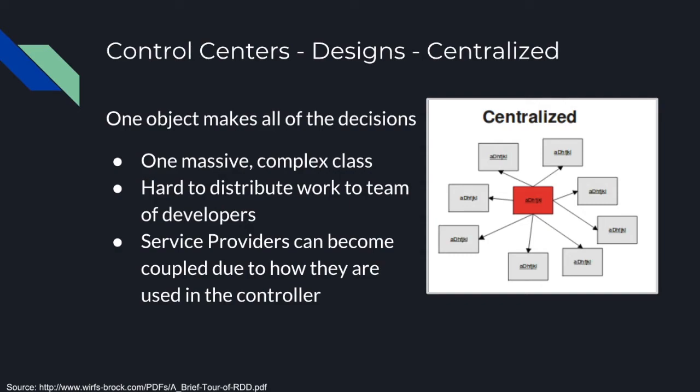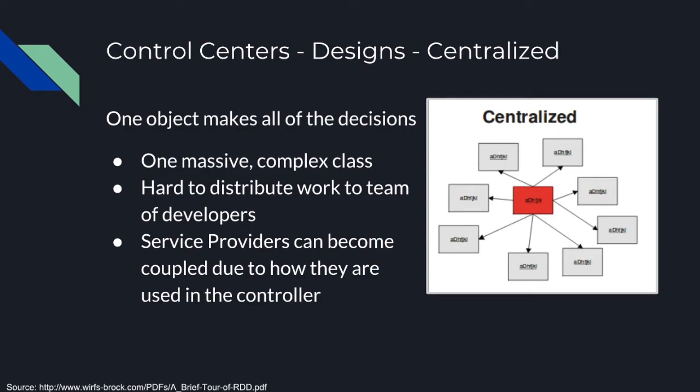It also gets hard to distribute work to a team of developers. This is because everyone working on the same file leads to a lot of people stepping on each other's toes. You don't have that one defined interface that you're expecting from all the other pieces of code, because you're all within the same interface.